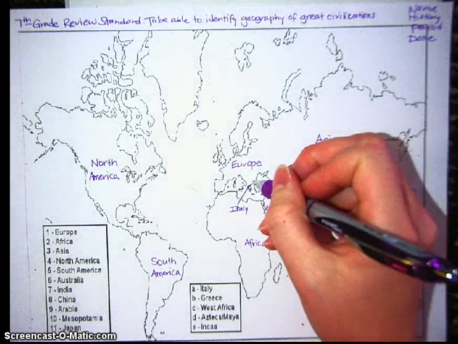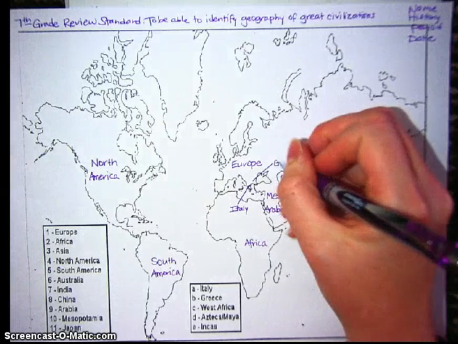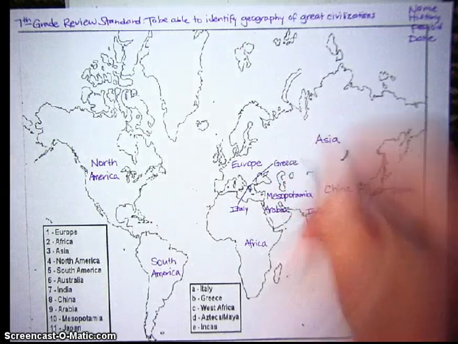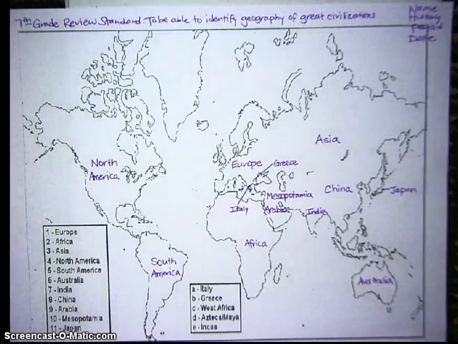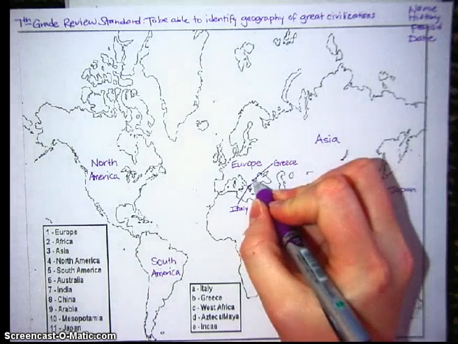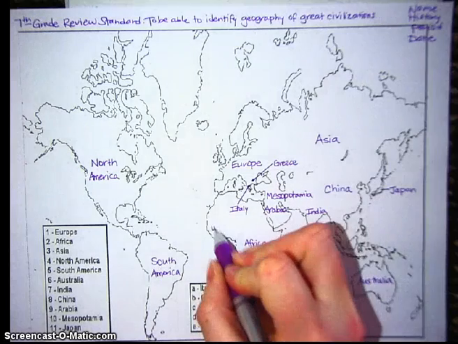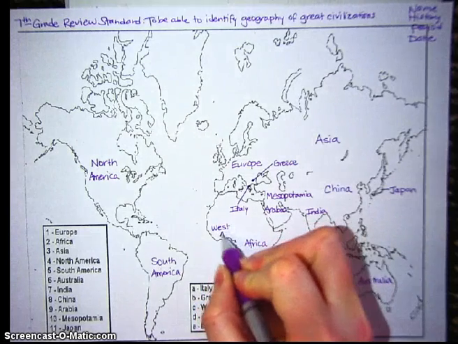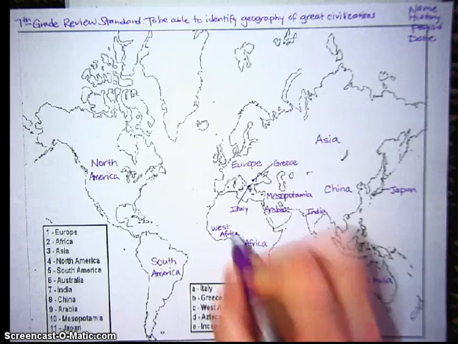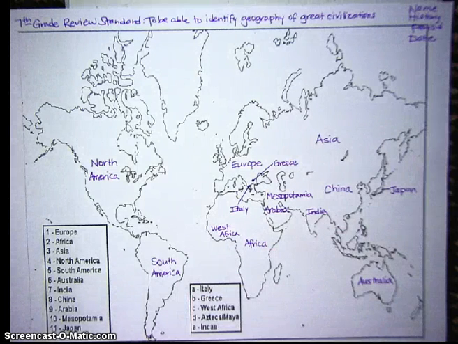Greece is right here, or what we know as ancient Greece. So let me write a little dot. It's a little easier to see. Okay. West Africa is here. On the west coast, Africa, that is still called West Africa.